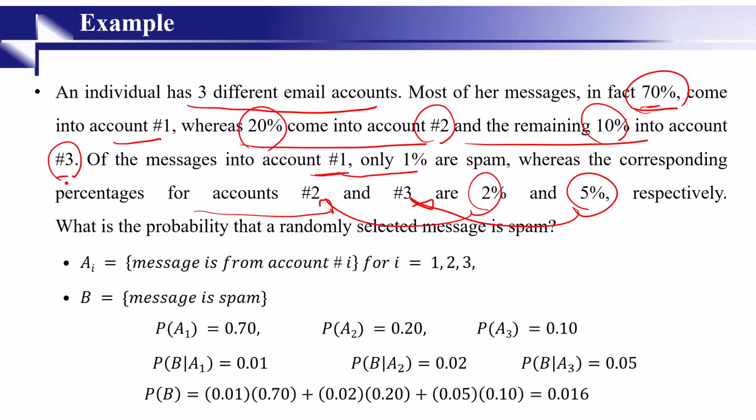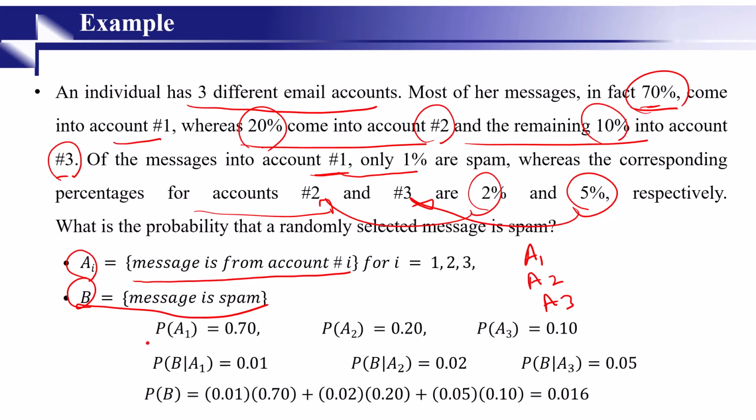Now, what is the probability a random message is spam? We call it event B. So we define events A1, A2, A3. A1 means the message is from account 1, A2 the message is from account 2, and A3 the message is from account 3. Then the event B is the message is spam, right?